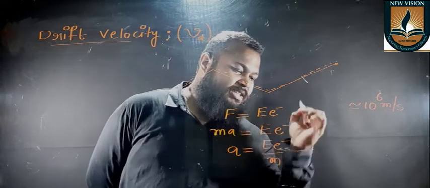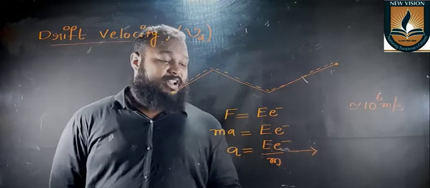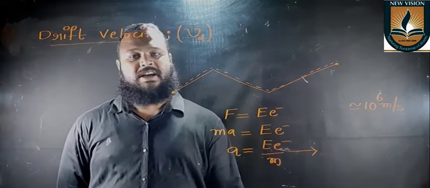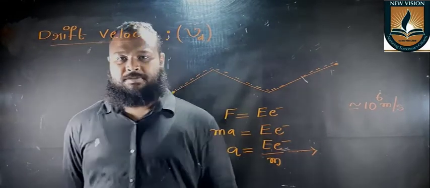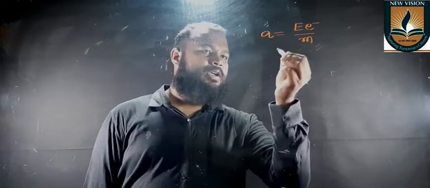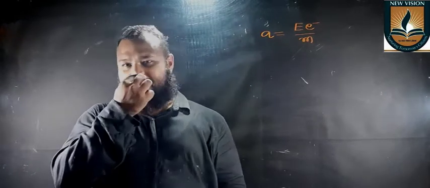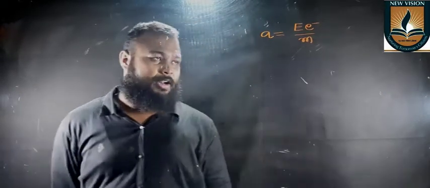So this is the acceleration of the electron in a conductor when external field E is set up or applied to it. The acceleration of the electron is a equal to eE upon m. So this was the acceleration of the electron due to the external electric field set up in a conductor.